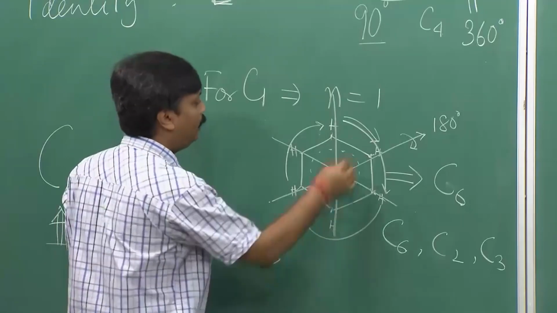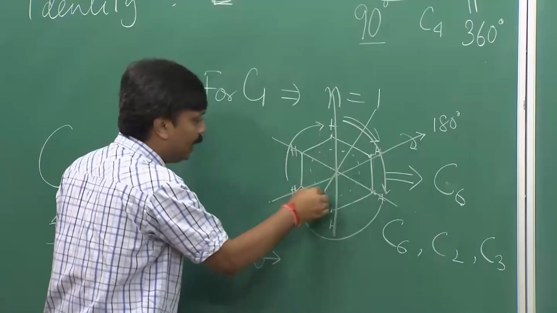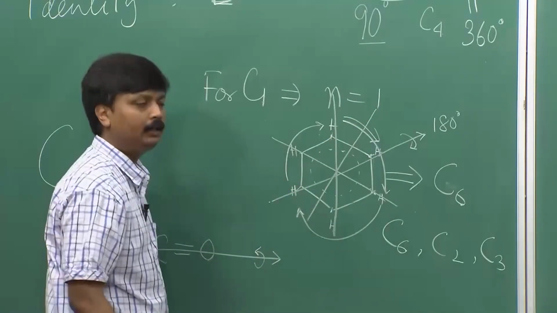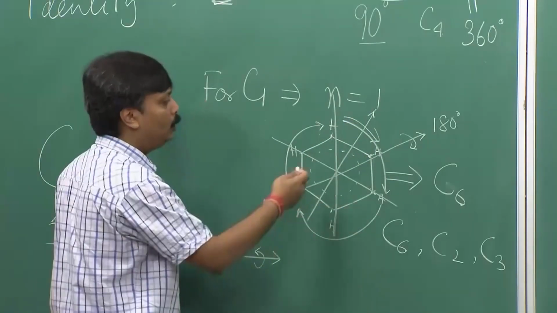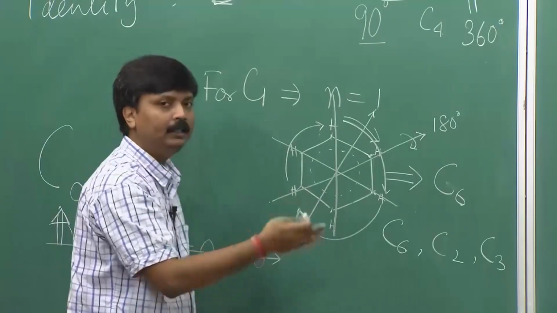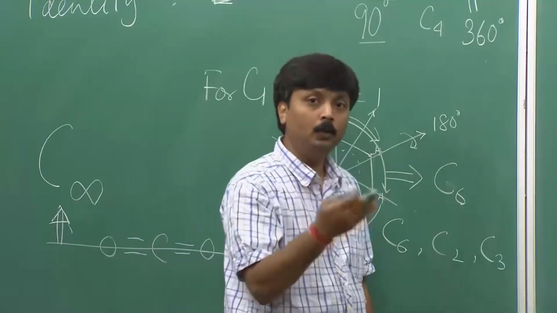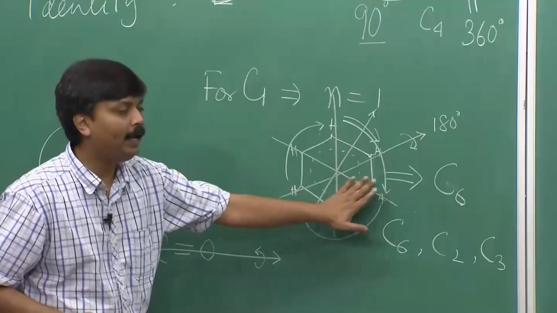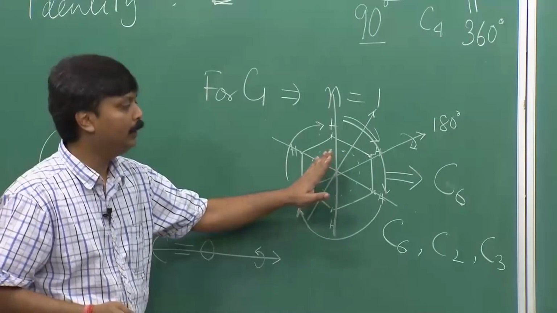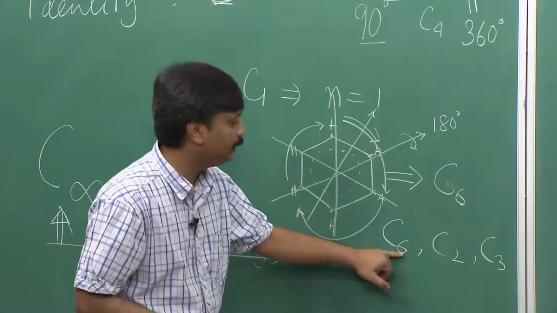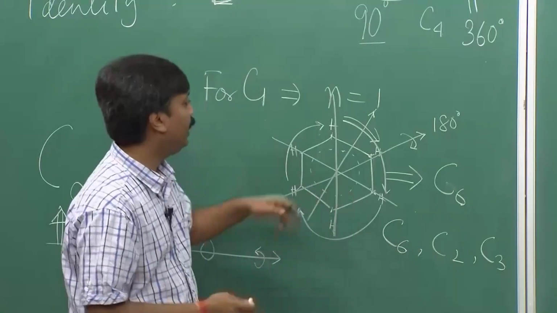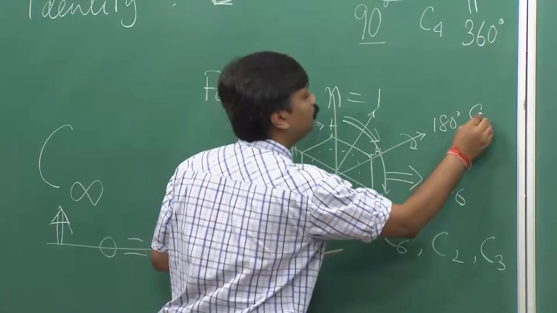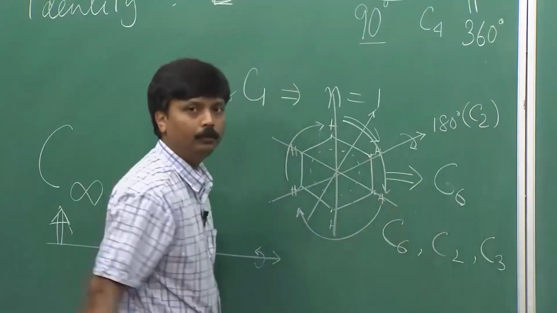And if I imagine an axis like this, this will also do the same job. So I can have 6 different C2 axes which are lying on the plane of the molecule, not coinciding with this C6 or C3 or C2, and these C2s are different from the C2 that I just showed you.